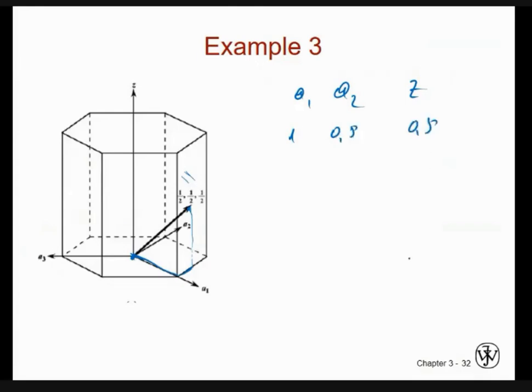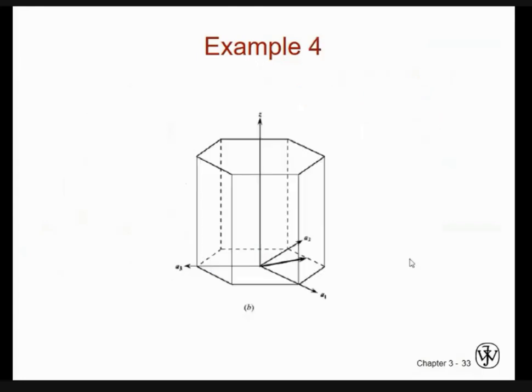Apply the equations and do the rest. Example 4: A1, A2, and Z. In order to go there, if I move half length in A1, full length in A2, so 0.5, 1, 0, and that's it.